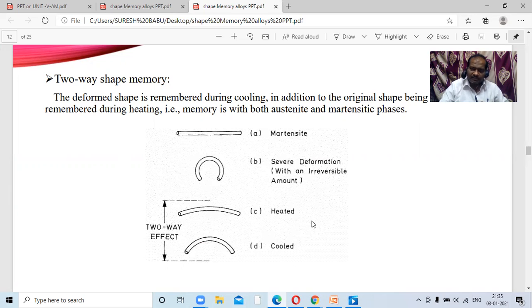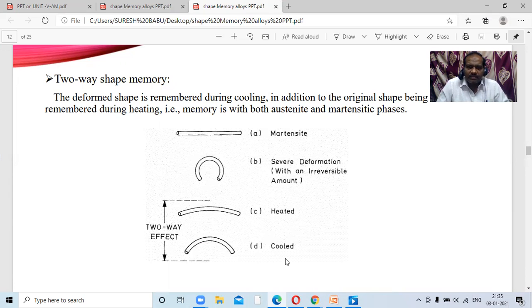That means on heating a change is there, on cooling also a change is there. If that change is possible for an alloy, then we call it a two-way effect. If change is observed only in heating, then it is called a one-way shape memory alloy. So these are the four points we have covered.